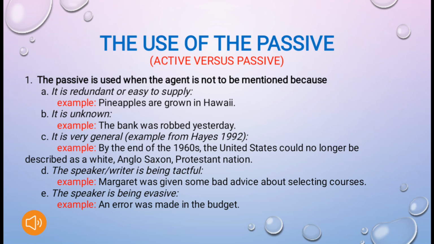So why is it that white Anglo-Saxon Protestant nation is under this example? It is because since it is very general, we can refer this white Anglo-Saxon Protestant nation to so many white people, right?